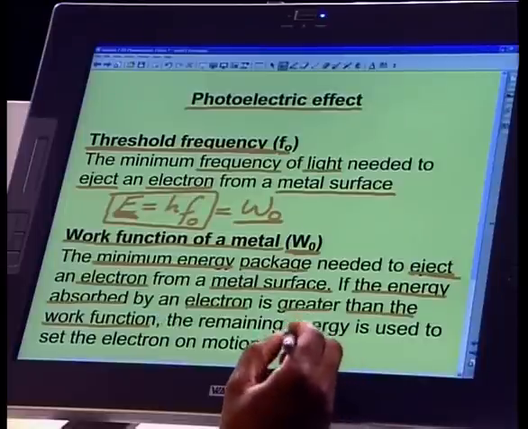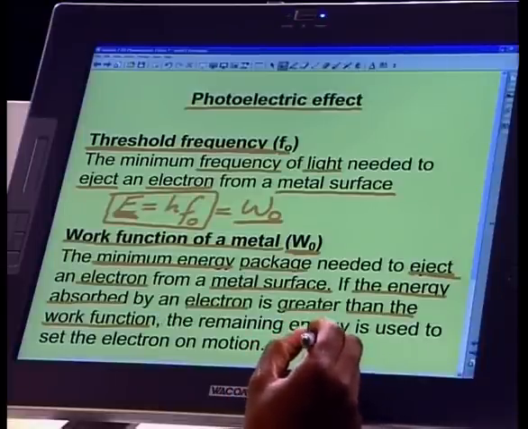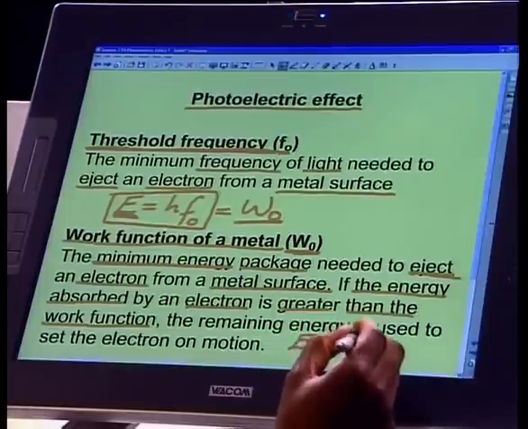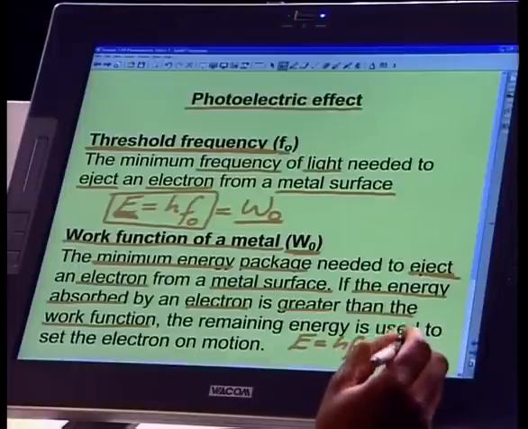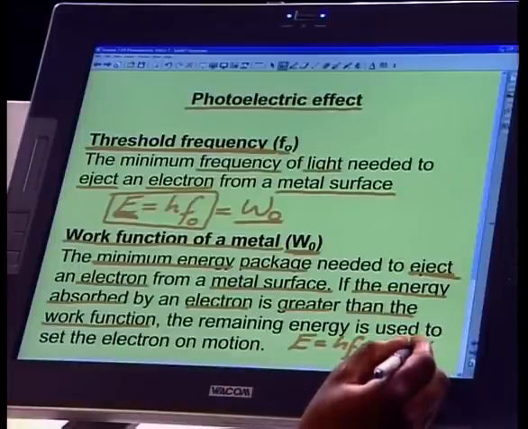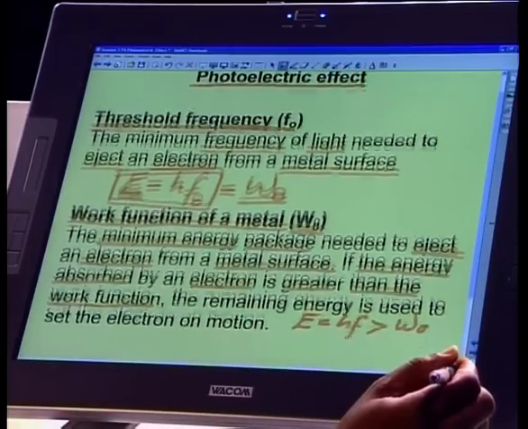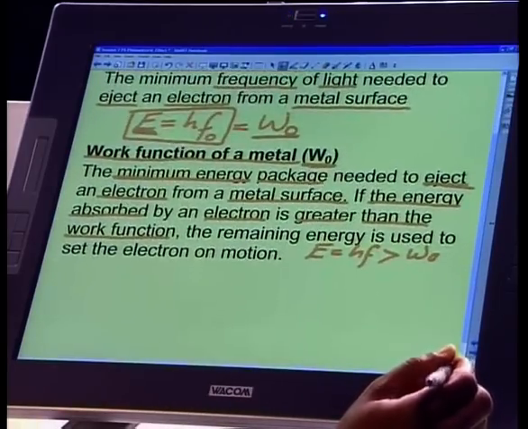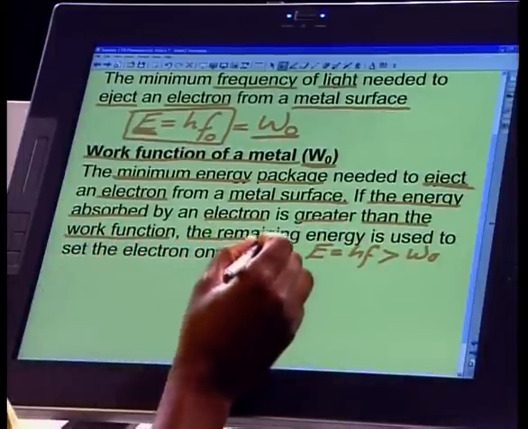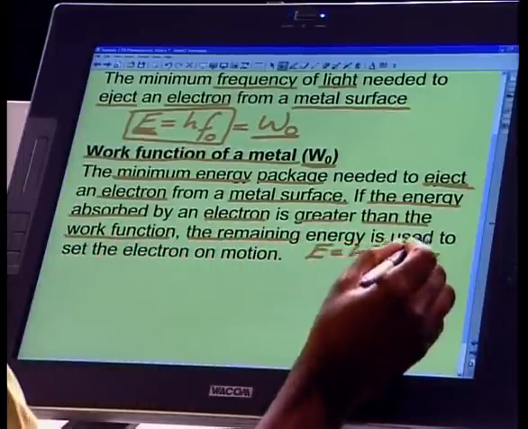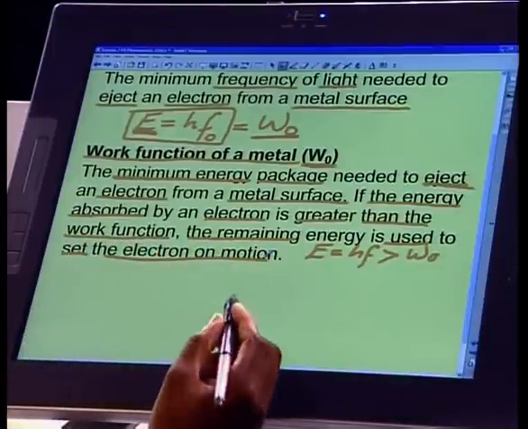In other words, if E, which is hf, is greater than W0, what happens? If E is greater than the work function, what happens? The remaining energy is used to set the electron in motion.